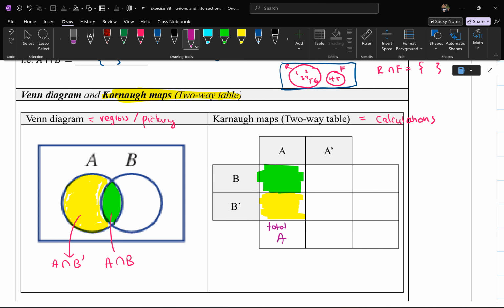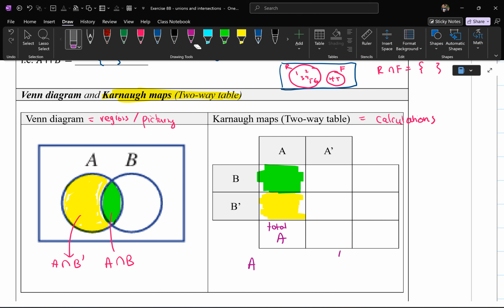Green and yellow gives you the total for A. This is why, as a calculation, had I written A intersect B plus A intersect B dash equals A, that would have been hard for you to understand. See what I mean? But as a picture, it makes a lot more sense. Instead of me saying A intersection B plus A intersection B complement gives you A, which would have been very confusing to remember and feels like a formula, Venn diagrams are great to visualize the problem. This one's good for calculation.